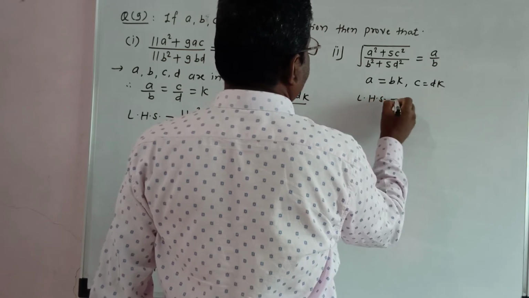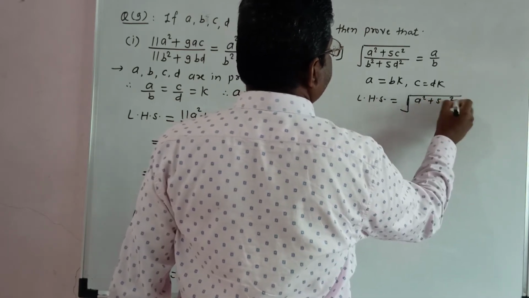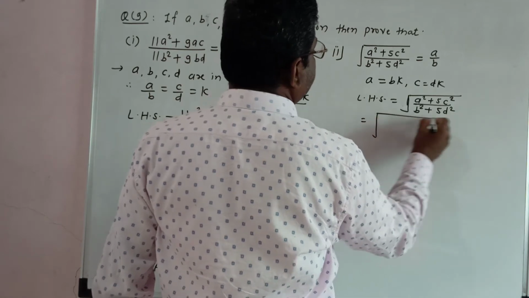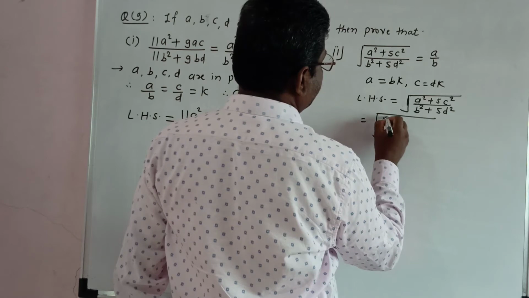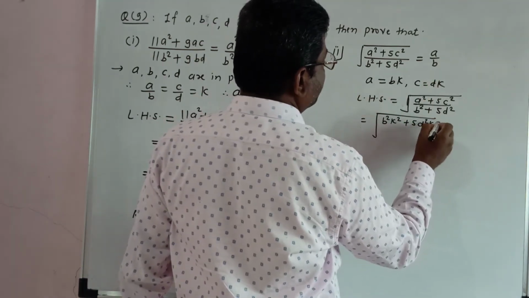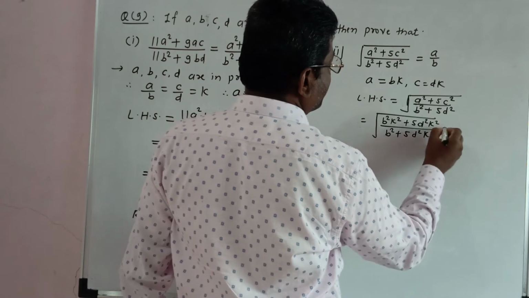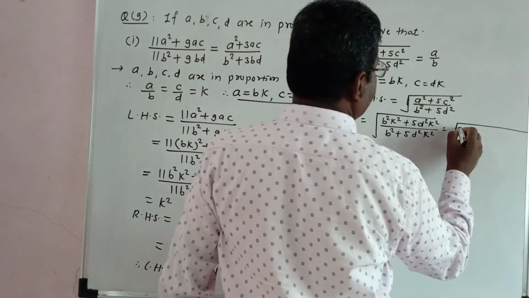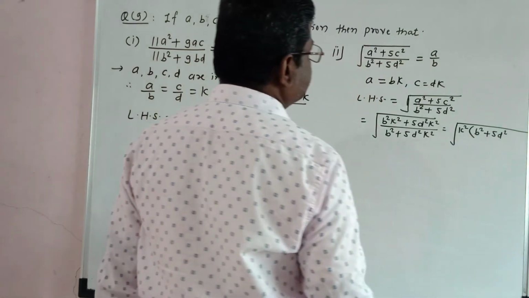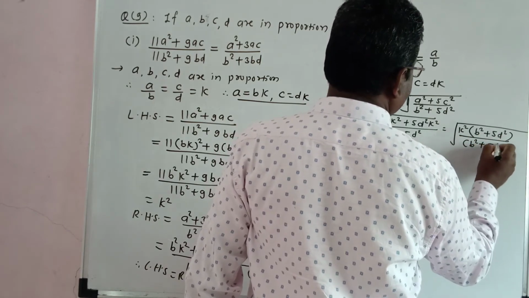Now LHS is equal to square root of (a square plus 5c square) upon (b square plus 5d square) is equal to, in square root, a is bk, a square is b square k square, plus 5 into c is dk, that is d square k square, upon b square plus 5d square, is equal to, in square root we can take k square common, so k square in bracket b square plus 5d square upon b square plus 5d square.